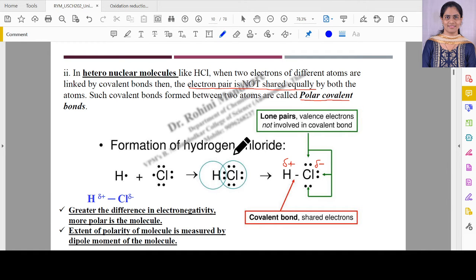In HCl you will see that hydrogen is an s-block element and chlorine is a p-block element, which are at the extremes of the position. But hydrogen's electronegativity is not like alkali metals.